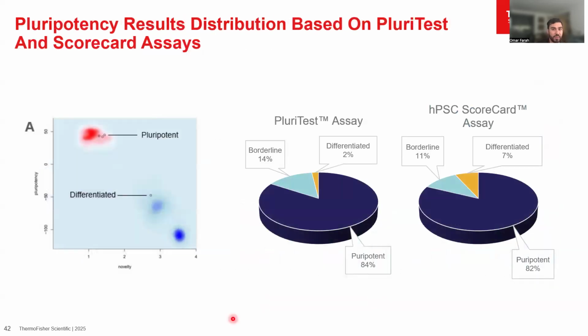And the same thing goes for pluripotency. When we looked at the global transcriptomic pattern of those same cells, we saw that a good portion of them were borderline in terms of their transcriptomic signature, not necessarily resembling differentiated cells, but also not resembling the pluripotent transcriptome. And this was done via two different assays, again with similar results.